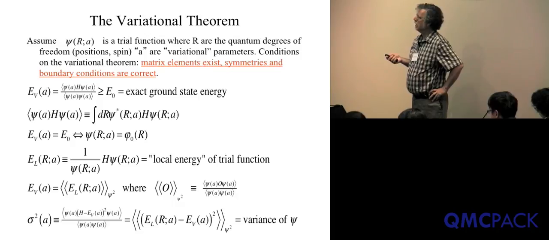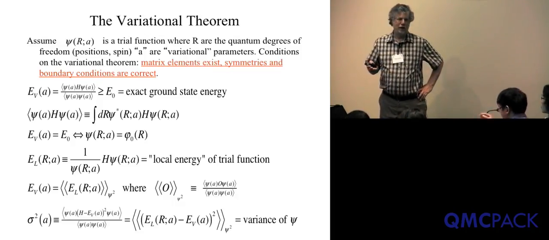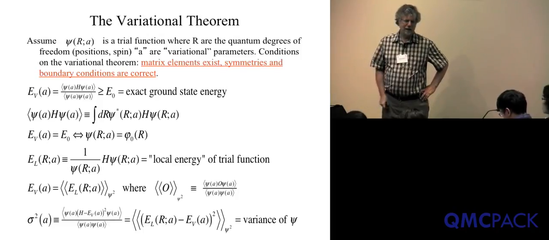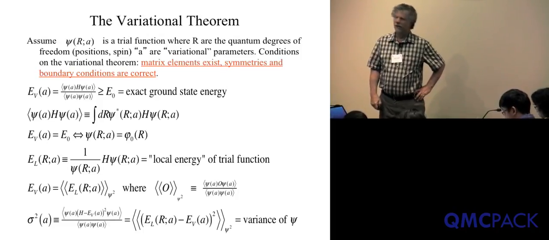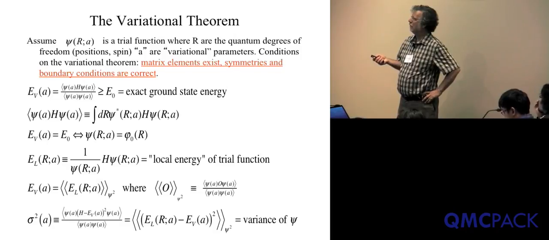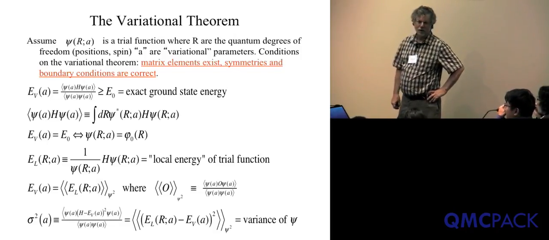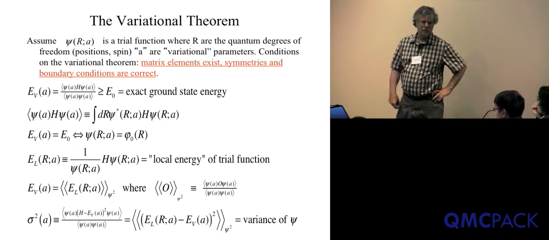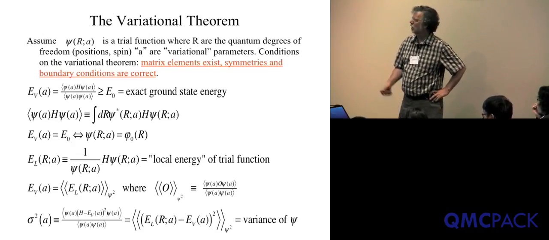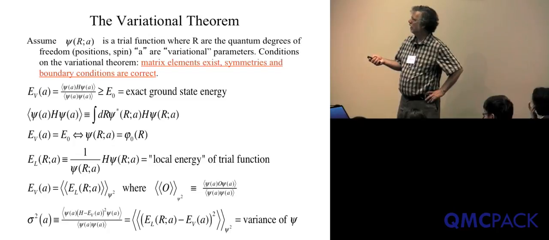And I've switched the notation a little bit here. Capital R means the quantum degrees of freedom, which in your case is always going to be the electron positions, right? And A, after the semicolon, are variational parameters. There could be many of them. At this point, they're just a general function that you vary.